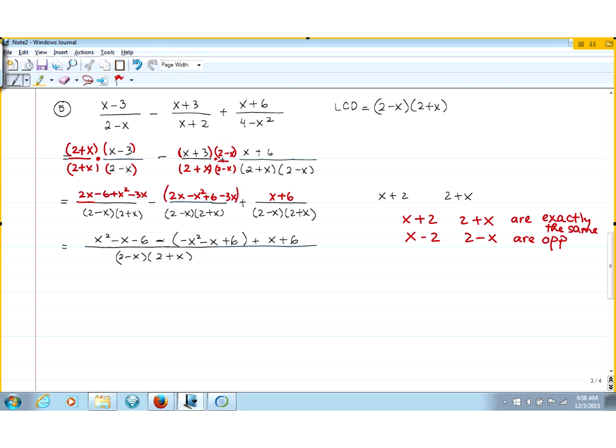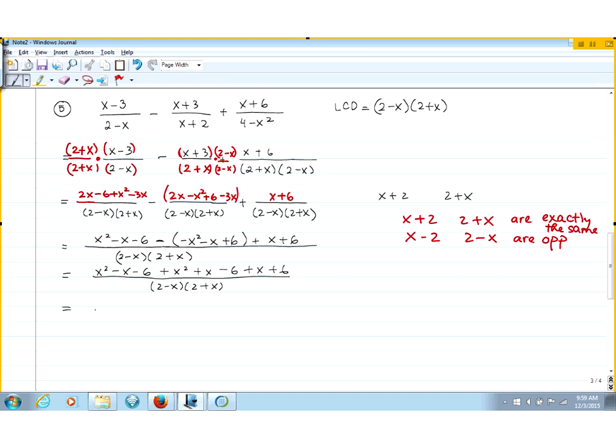Are you okay? Yes? Okay. So remember the minus, you have to distribute, right? So now, what do you have here? X squared minus x minus 6 plus x squared plus x minus 6 plus x plus 6, over 2 minus x, 2 plus x.